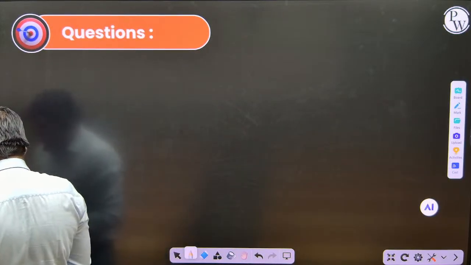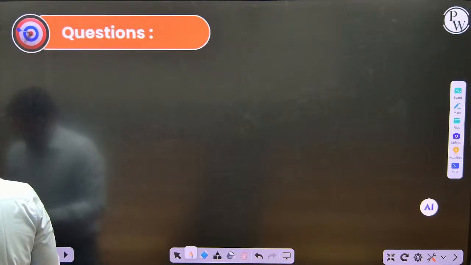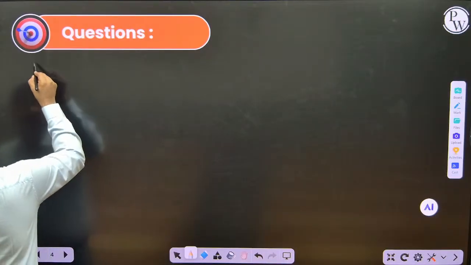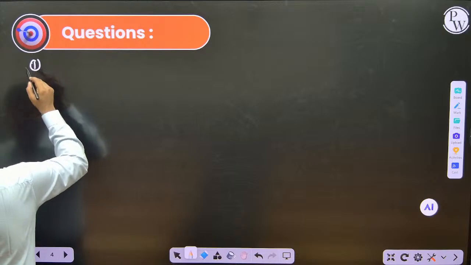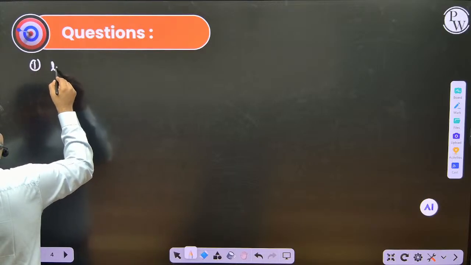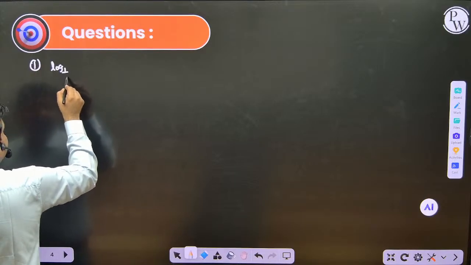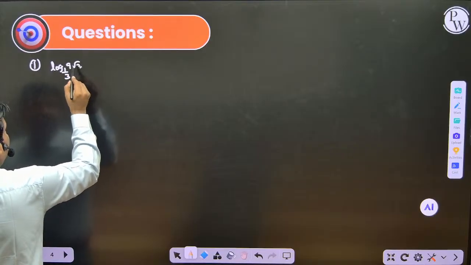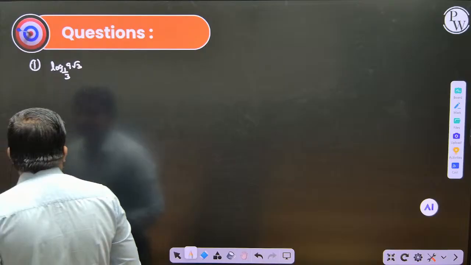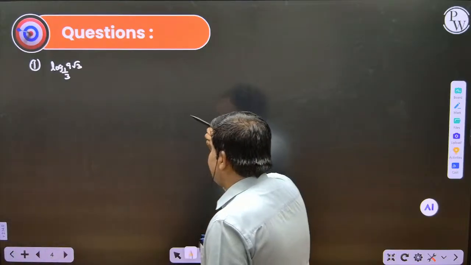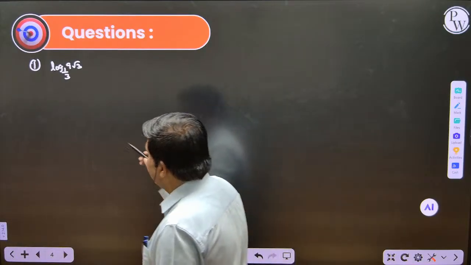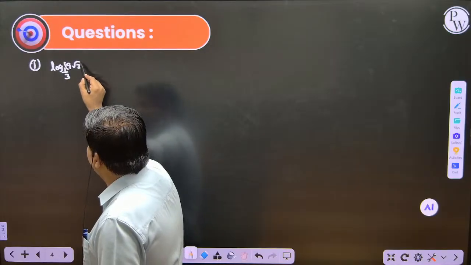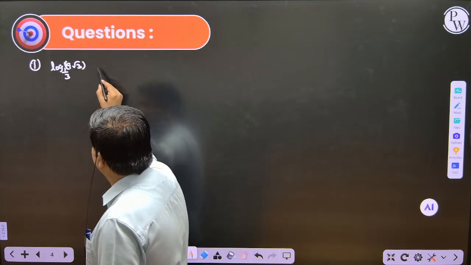First question: the value of log of 9 root 3 to the base 1 by 3 is what?